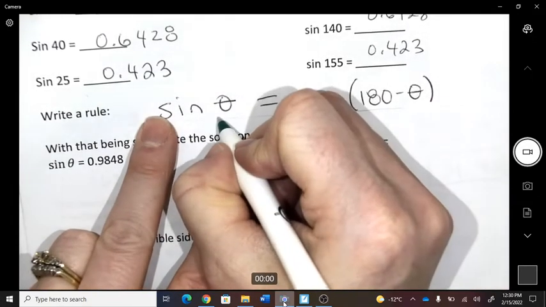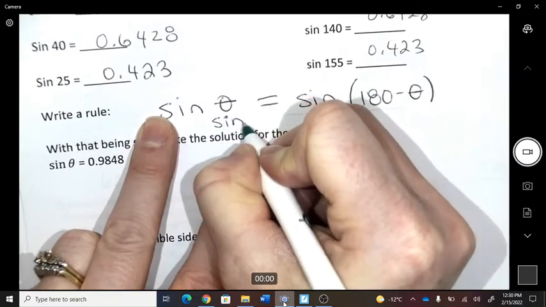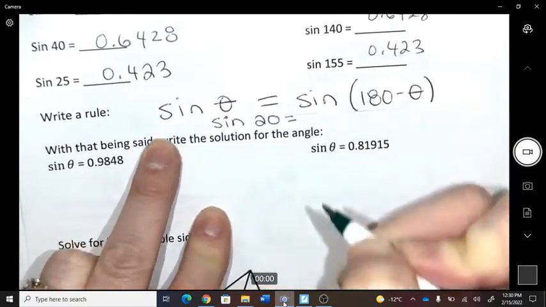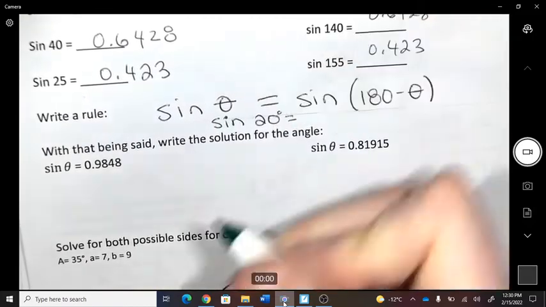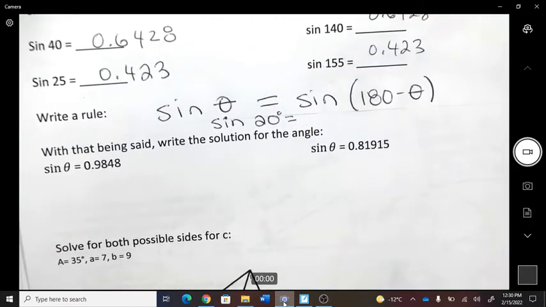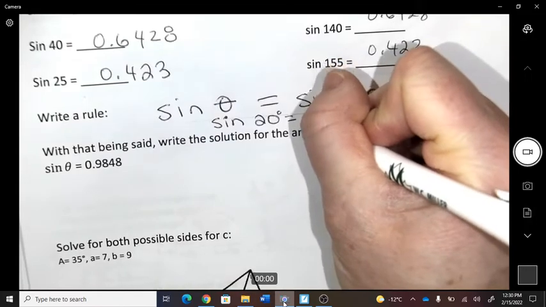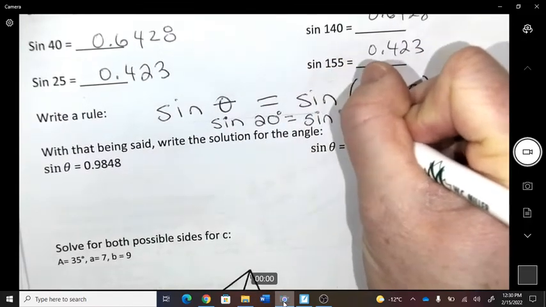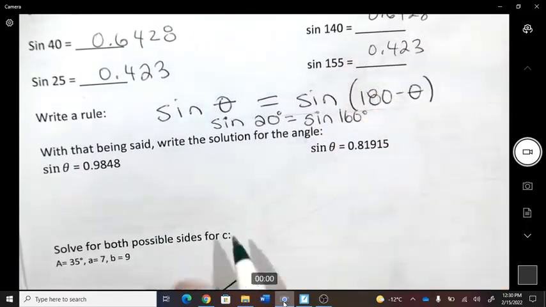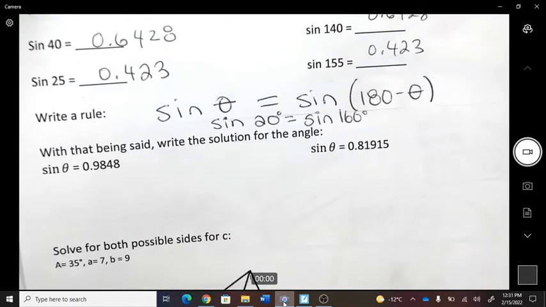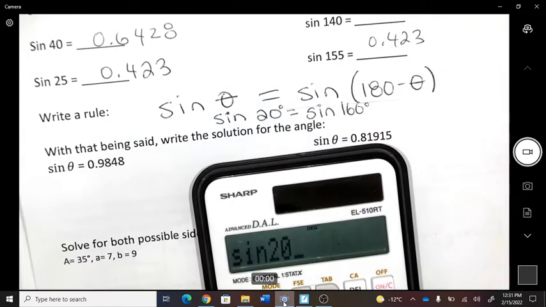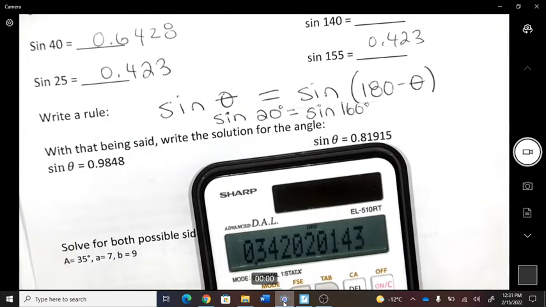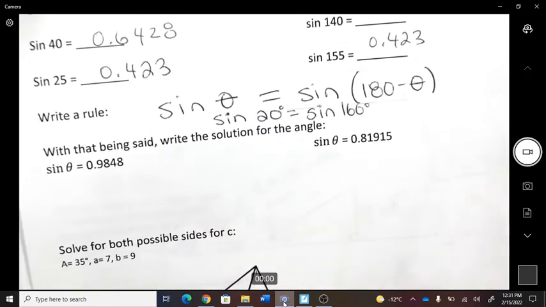So let's go, if I ever did the sine of 20 degrees, the sine of 20 degrees should be the same number as the sine of 160. So I'm just looking on my calculator. Is this true, or is Mrs. Falk just making up stuff? Does it work? It does.